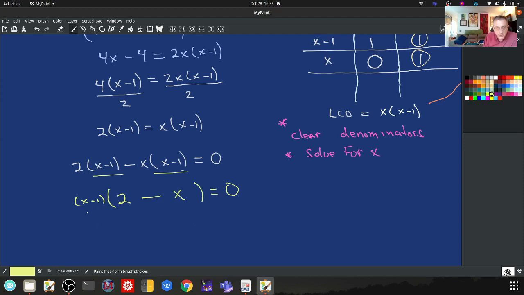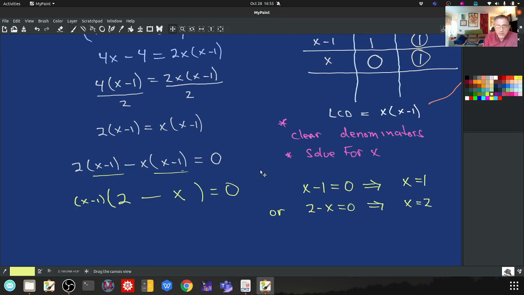So x minus 1 times 2 minus x is equal to 0. That means x minus 1 is equal to 0, or 2 minus x is equal to 0. Well, the first simple linear equation implies x is equal to 1, and the second implies that x is equal to 2.